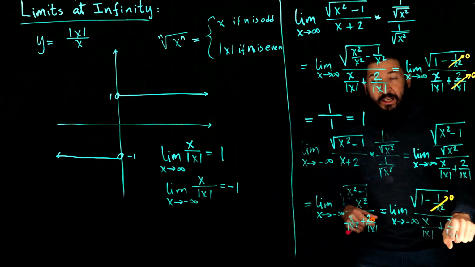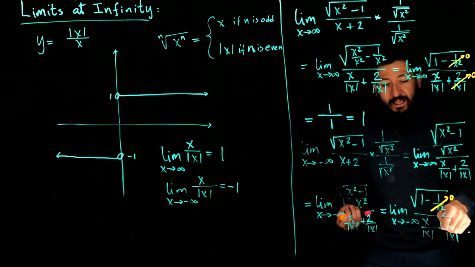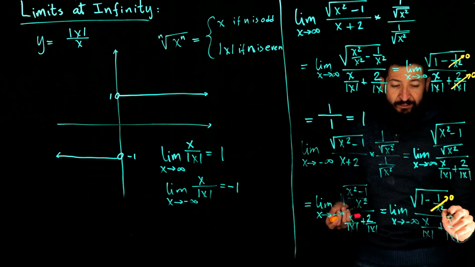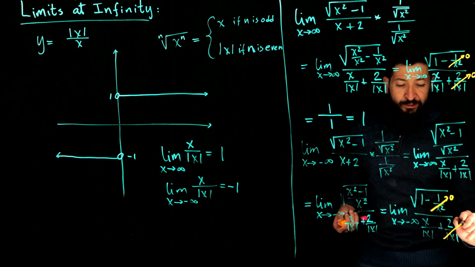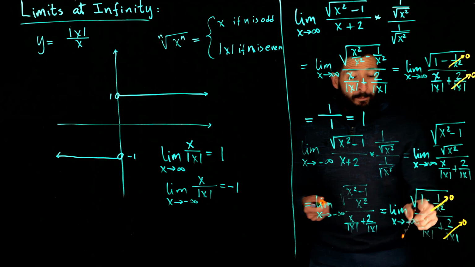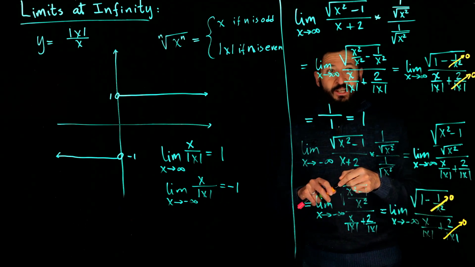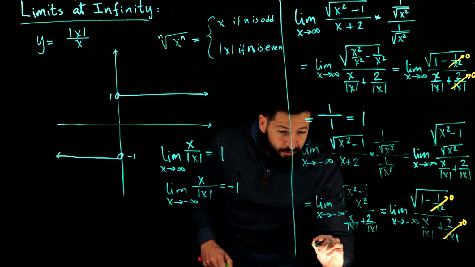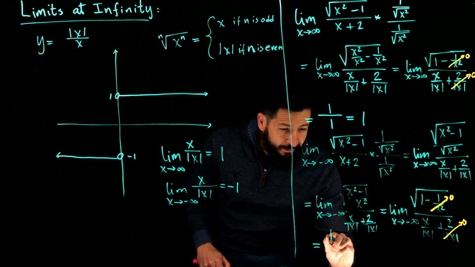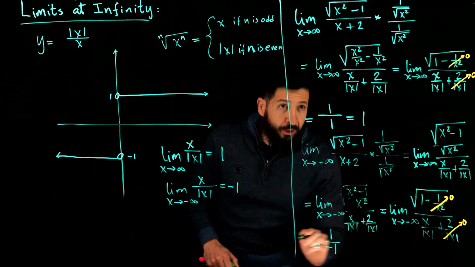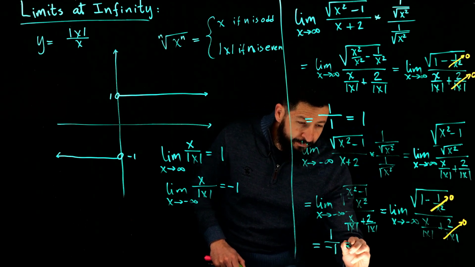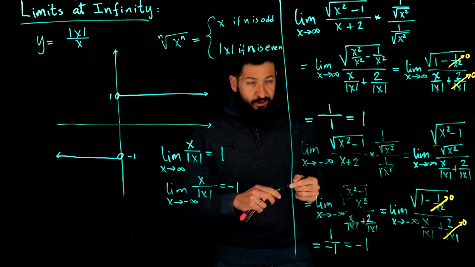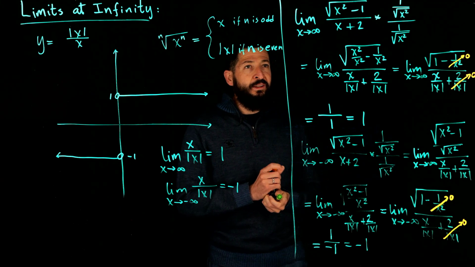This one you would have to think about as 2 over negative x, but that's still going to be negative 2 over x, which still goes to 0, so no problem there. But this one right here is the one that is going to change, and in that case it's going to be going to negative 1. So the limit will go to 1 over negative 1, which is negative 1. So that would be how you compute these types of limits.